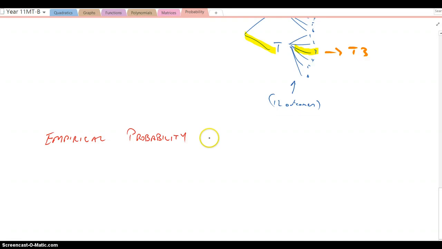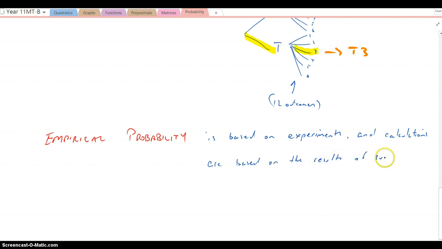So empirical probability is based on experiments and calculations based on the results of surveys or data collection rather than sample space, if that makes sense.